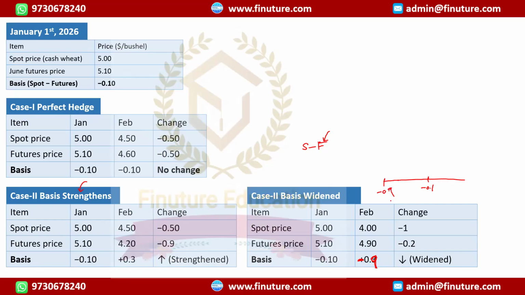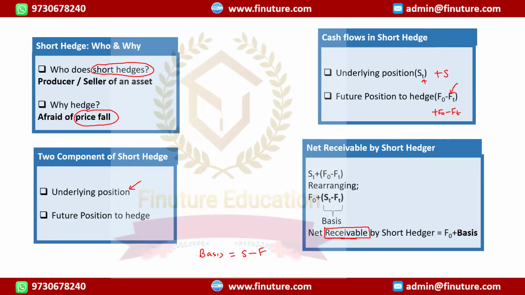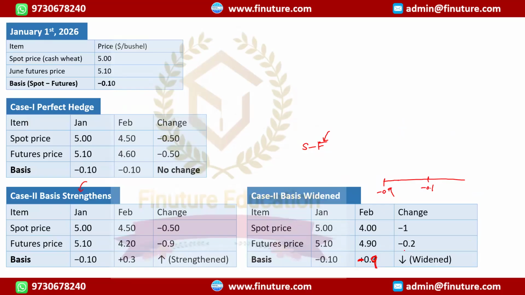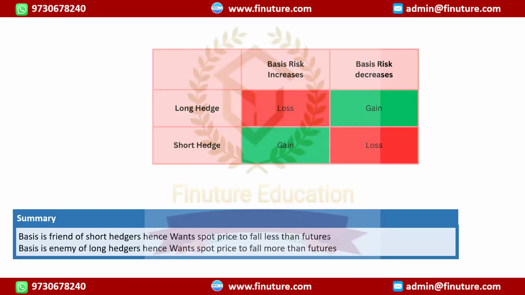If your basis has decreased for a short hedger, this basis has gone down and he will make a loss, and it's intuitive, because the loss he had in the cash market was minus 1, but the gain from the future is just 0.2. So that's why when basis weakening happens, that leads to losses for the short hedger. If I were to summarize this, this is how your matrix will look.